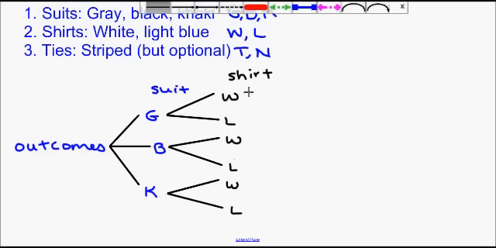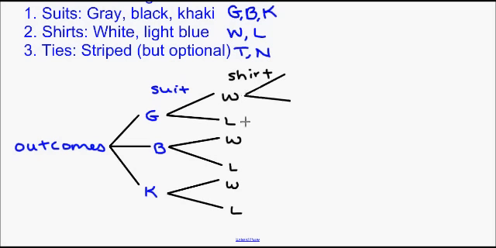Then the last branch here is going to be for ties. Do this one in green. So ties, either tie or no tie. Tie, no tie.